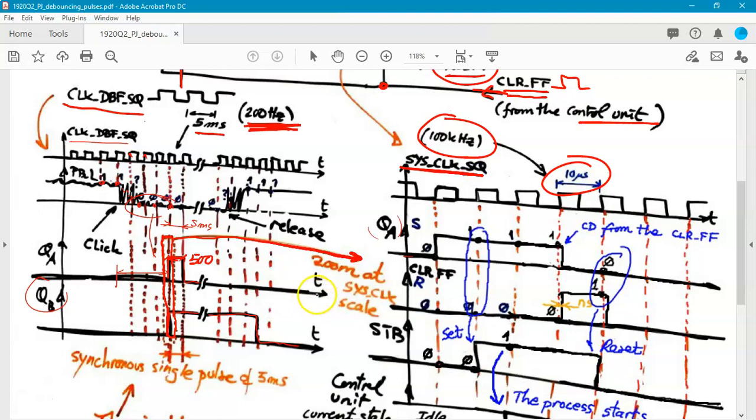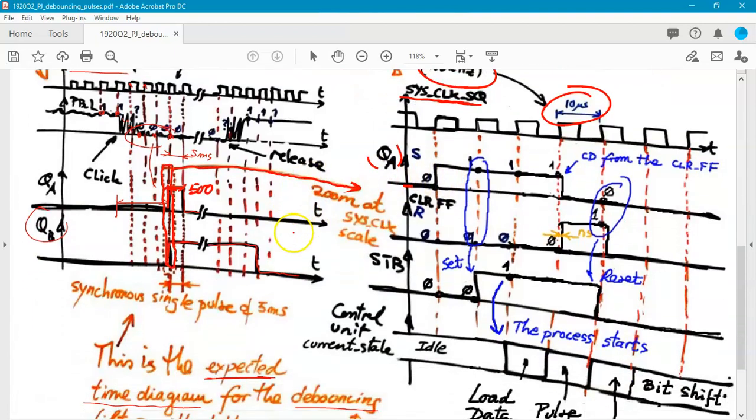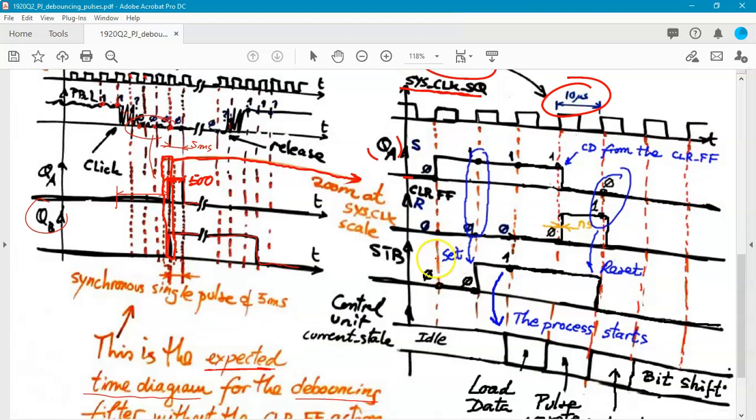But let's see if this is really what happens in the end or not. And to do that, you have to have this analysis here, talking about everything together, talking about the debouncing filter, which is going to be the source of QA, talking about the control unit, because the control unit will evolve and sometimes will generate the reset signal and the like.